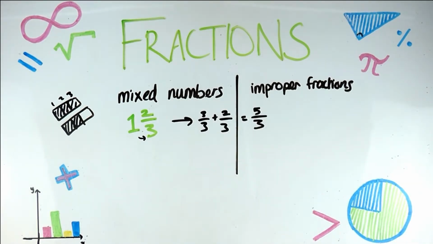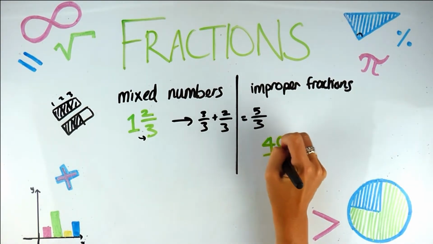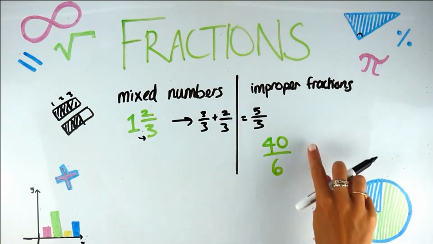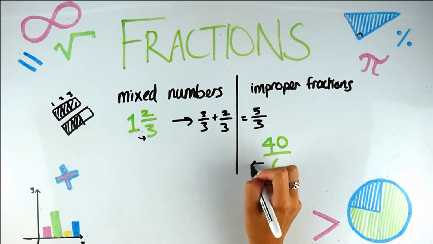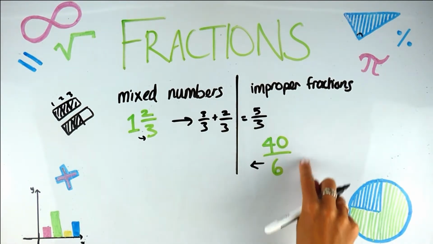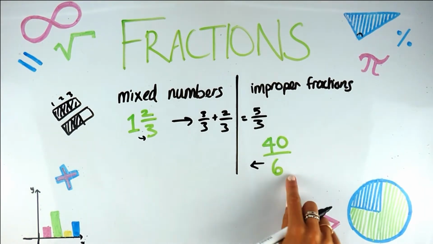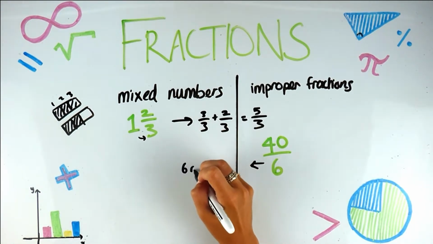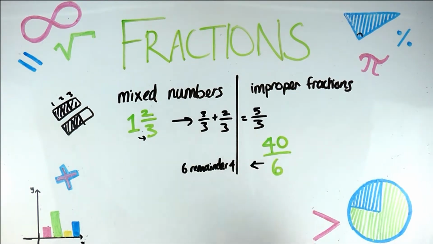What if we have an improper fraction? So let's go 40 divided by 6. Improper fraction, top heavy fraction, numerator bigger than the denominator, and I want to go this way. All I do is this calculation, 40 divided by 6, and I know the answer is 6 remainder 4, because it doesn't go in exactly, hence it is a fraction.